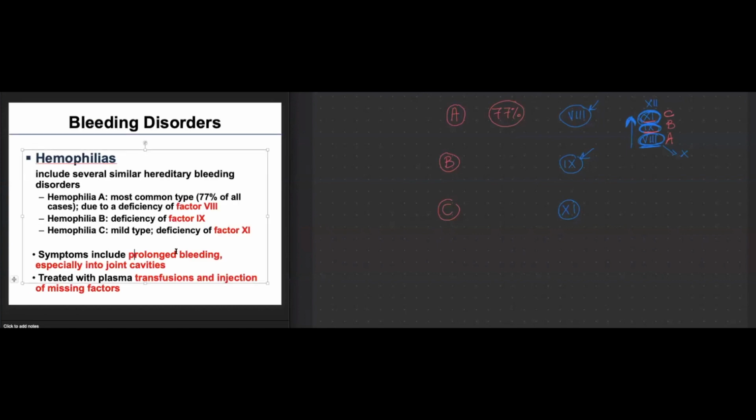Symptoms include prolonged bleeding time, and the sites that I am most worried about as a healthcare provider are going to be the joint cavities. So if I have a child who is born with hemophilia, this is a genetic problem.